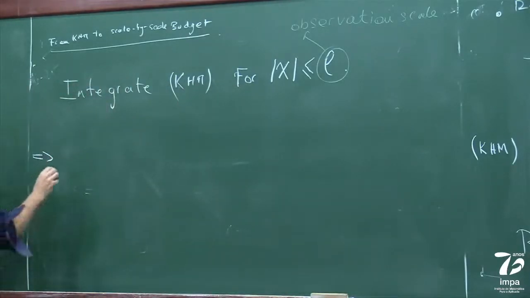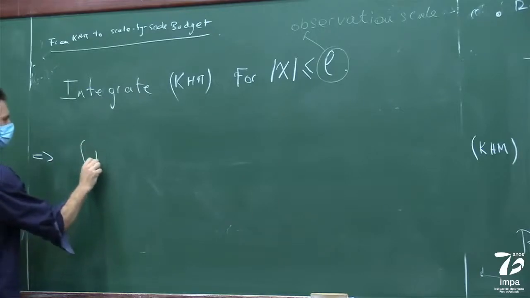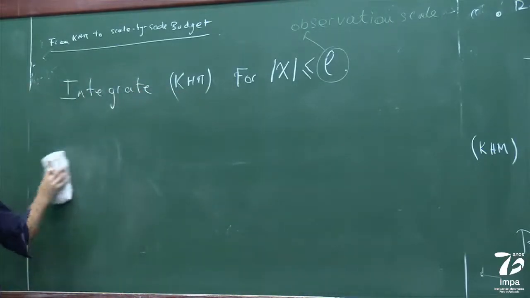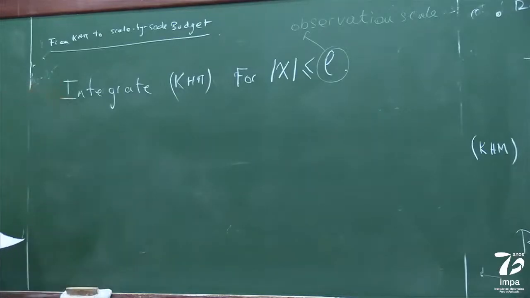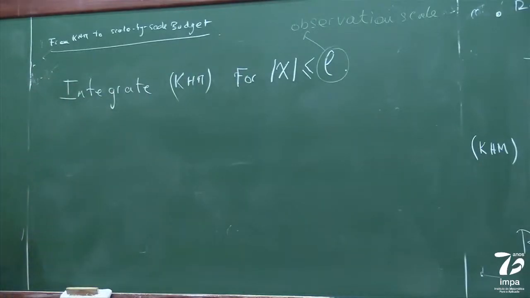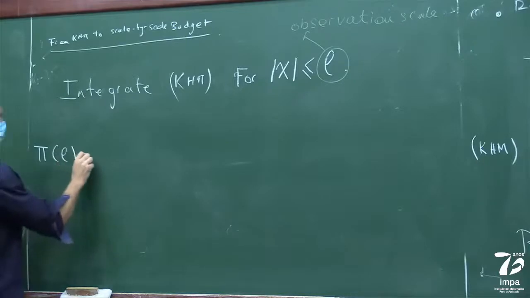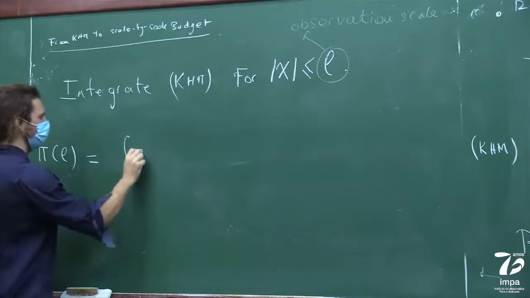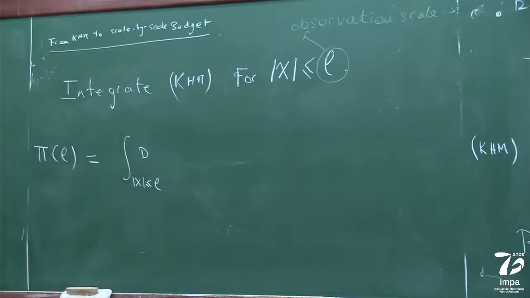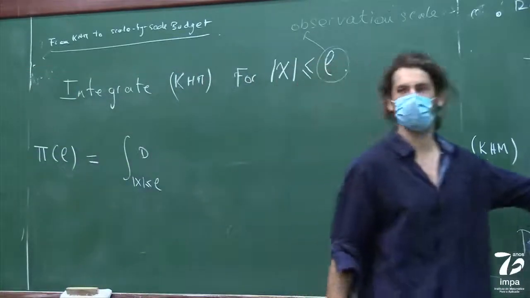So the integral of d. So on the one hand, we can call pi of L the integral of d for x smaller than L. And here we have a divergence, which appears.